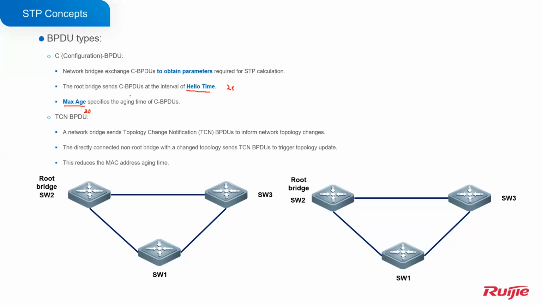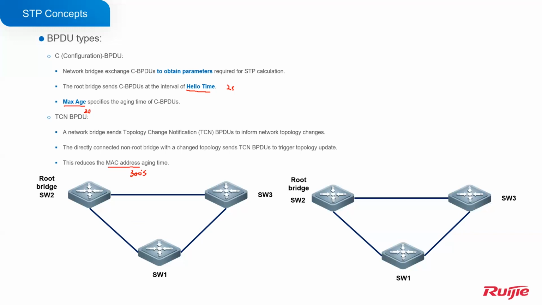Because by default, the aging time of MAC address entries in the MAC address table is 300 seconds. So it would cause a problem. If the topology has changed, STP only takes about 30 to 50 seconds to restore the network. But maybe the MAC address entries are not refreshed because it has 300 seconds, right?